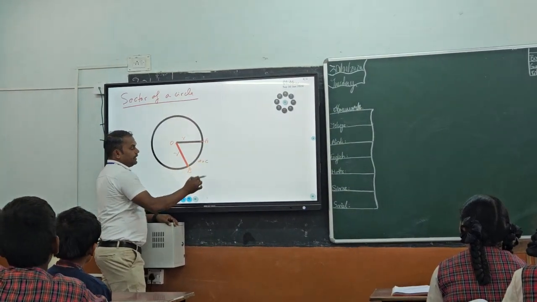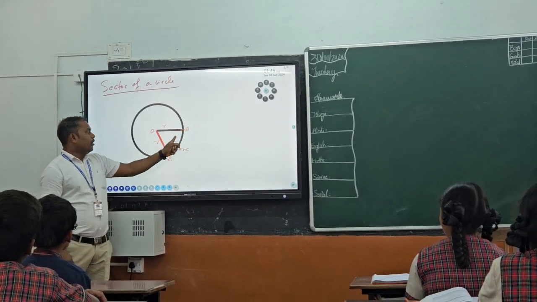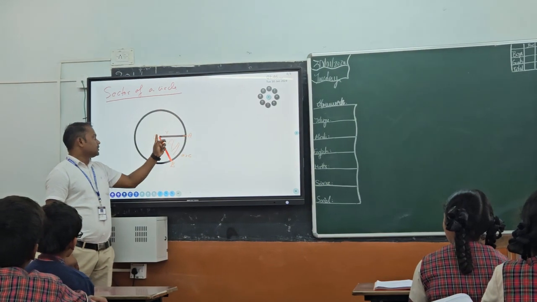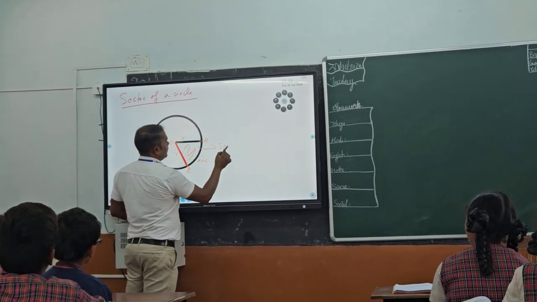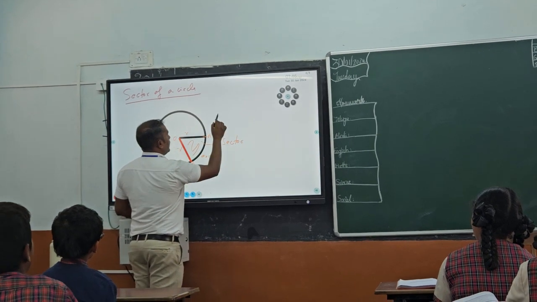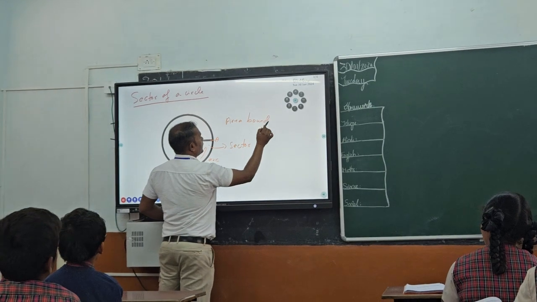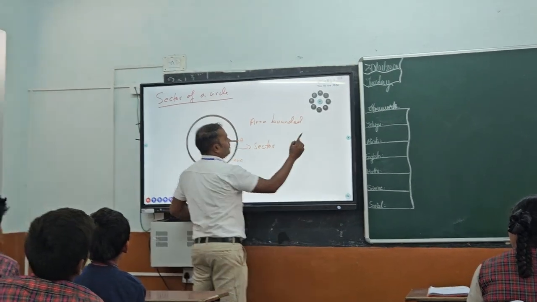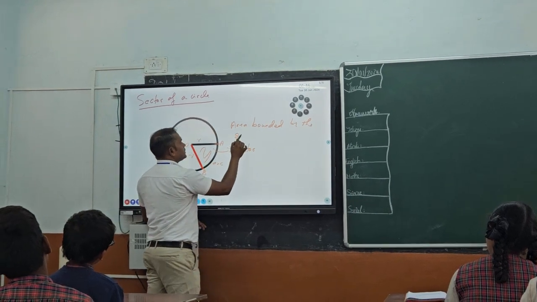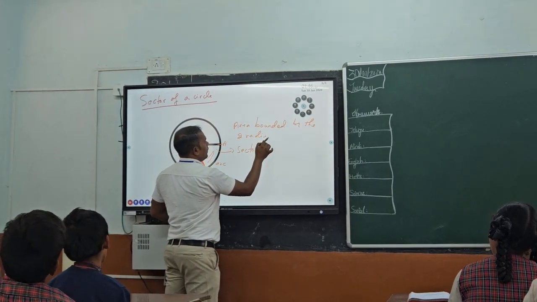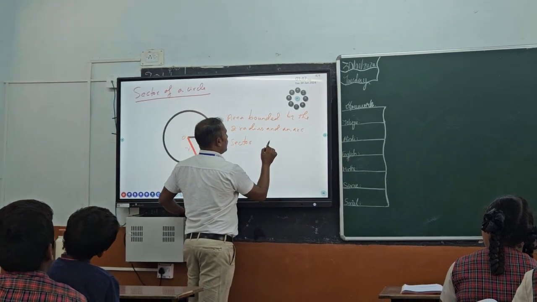It is called an arc. So the area bounded by the radius and the arc is called a sector. What is a sector? Area bounded or formed by the two radii and an arc is called a sector.